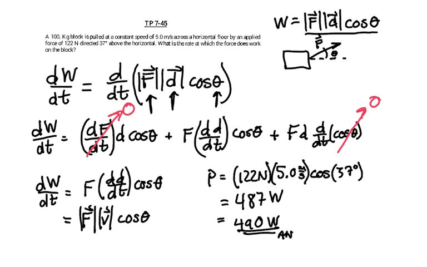And of course, we have our double line ANS. As we go through our check step, let's take a look. 122 newtons times 5 is, as you put it into your calculator, 610 watts, but because we're only looking at the component of our force vector that is parallel to our displacement vector, we have to take that into consideration.